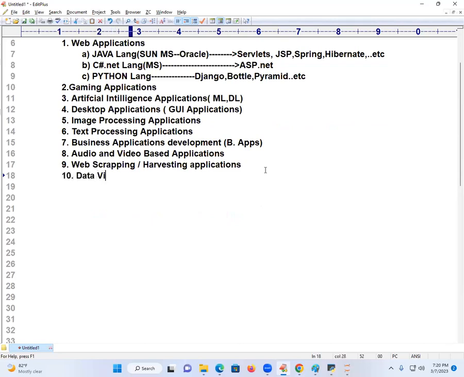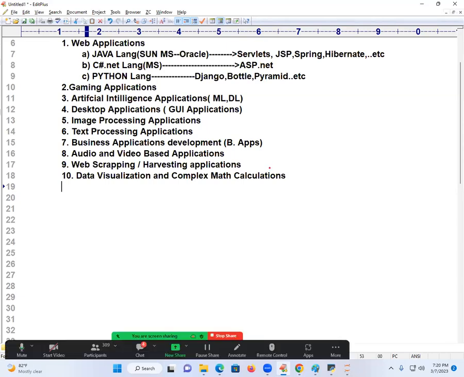Next, the tenth, I am going to write: data visualization and complex mathematical calculations. It's a great topic. You take school. The school gives the annual progress report.